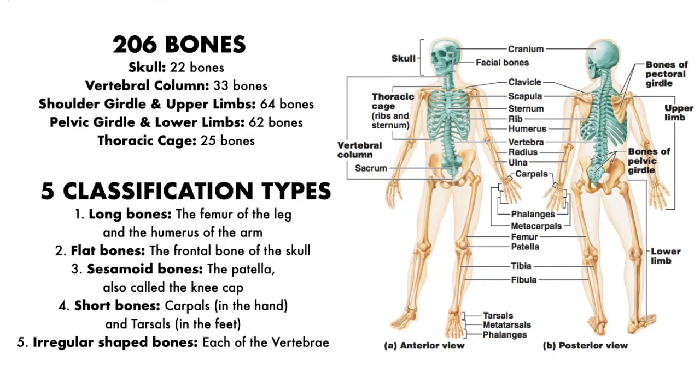The sesamoid bones include the patella, which is the kneecap. And then we have short bones, which make up the bones of the wrist and the ankle. These are the carpals and the tarsals. And then we have irregular shaped bones, which are the vertebrae, as well as the hyoid, which is in the neck, kind of near the Adam's apple.